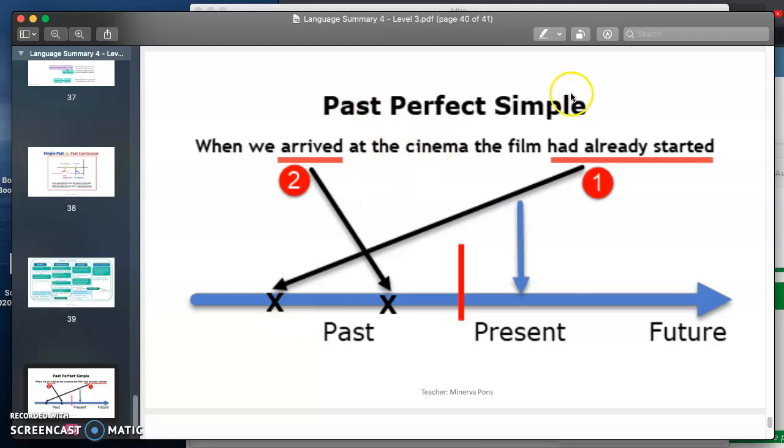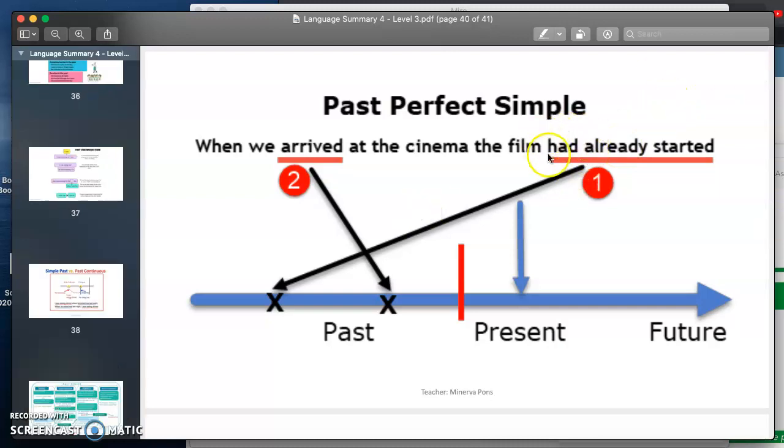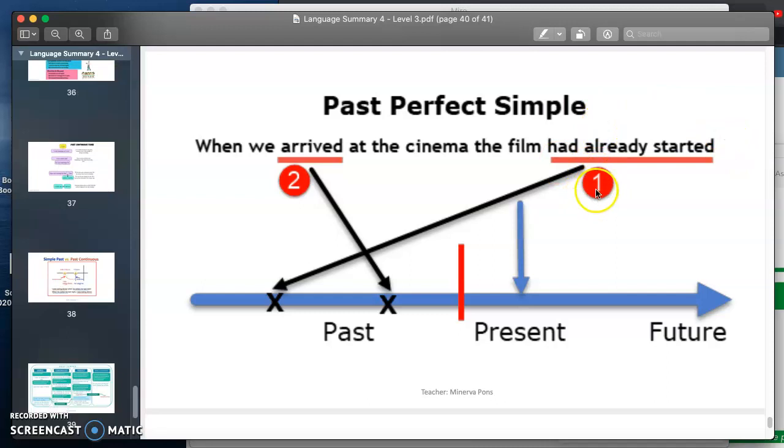So in the past perfect simple, we have: when we arrived at the cinema, the film had already started. As I was explaining before, this is the first action that happened, because the past perfect describes an action that happened before another action, but they both happen in the past.